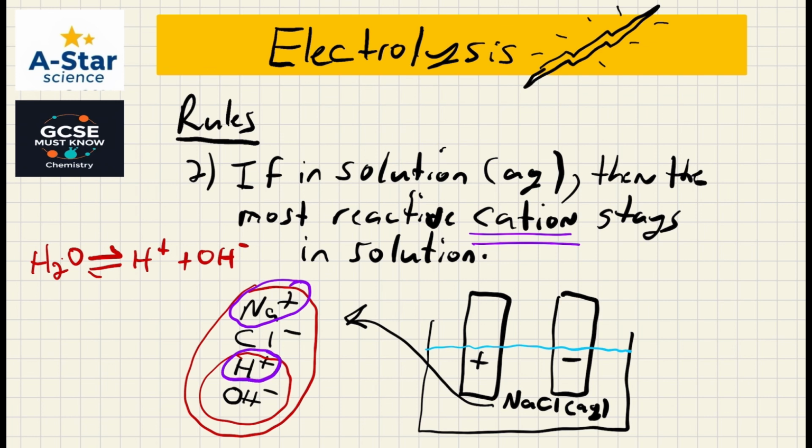Which one is more reactive? Well, obviously the sodium, if we understand the reactivity series. That means that the sodium ion will stay in solution, and the hydrogen ion, H plus, will go to the electrode, and this will form hydrogen gas, which we'll talk about later.